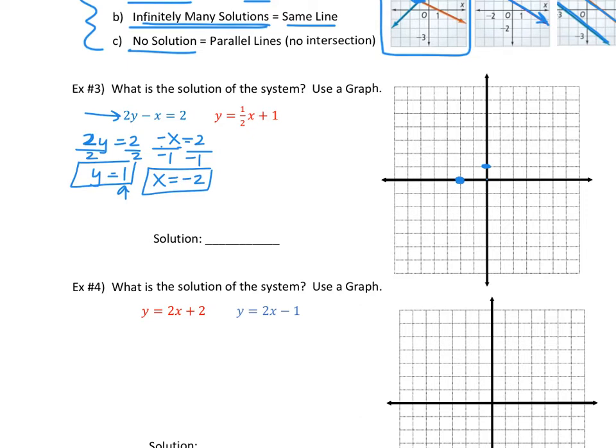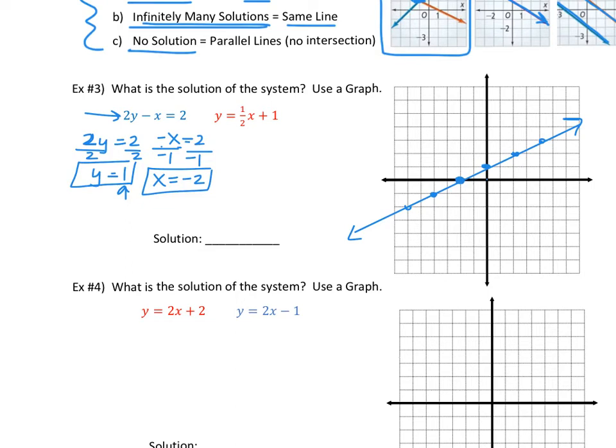So I would just keep that slope going, up 1 over 2, or you can go down 1 over 2 just to keep your line lined up here. So our graph would look something like this. Okay, so that's our blue line.